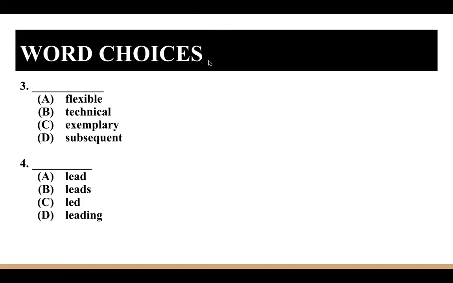So what we need to see is the logical reason, or the previous sentences, or even the second sentences that can follow each other. And the rest deals with semantics, or the word or meaning of it, right? For example, this one deals with an adjective as a word form, but it deals with the meaning in context here: flexible, technical, exemplary, or subsequent.